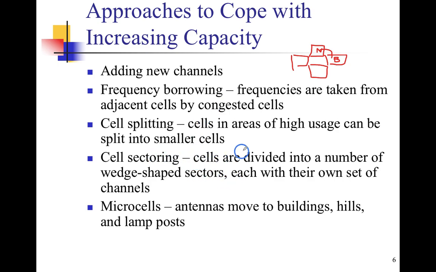Cell splitting. Cells in areas of high usage can be split into smaller cells. So the cell that has high usage, for example this one, we can split into 2.